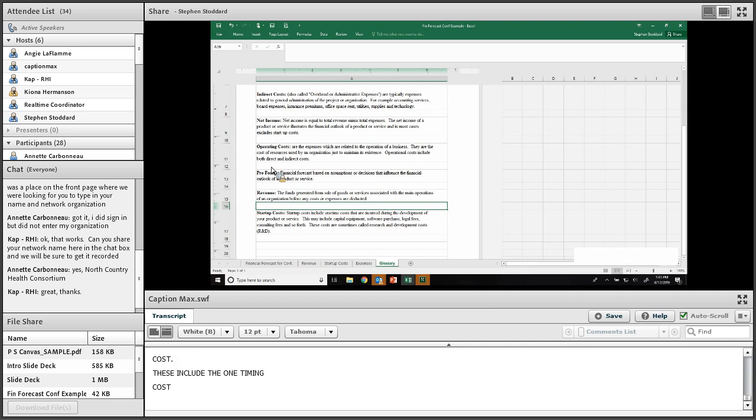Revenue, the funds generated from sale of goods or services associated with the main operations of an organization. And that's, of course, before you take out any expenses. So revenue is money coming in, expenses is money going out, and then what you're left with is your net income or net loss.